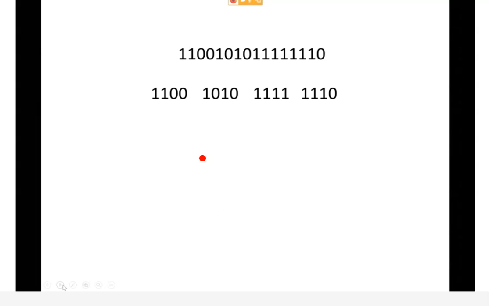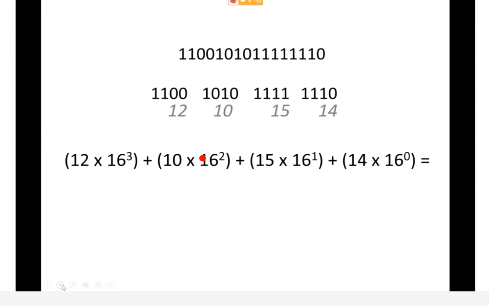Another one. You could do the long way, or what would 12 be? 12 in hex is a, let's see here, 10, 11, 12. So this one would be F, that's easy.